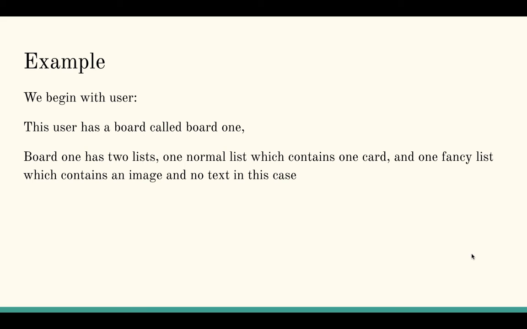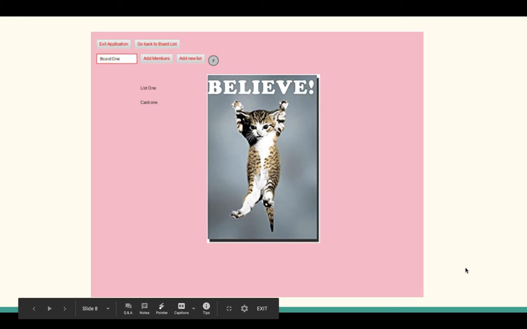So if we look at an example really quickly, in all my tests I have a user, and this user has multiple boards, but in this case we can just look at board one, where I have added two lists: a normal list, which I just have a card in to show that that's working, and then a fancy list. In this case, I'm just adding an image because I found a cool image that I wanted to show.